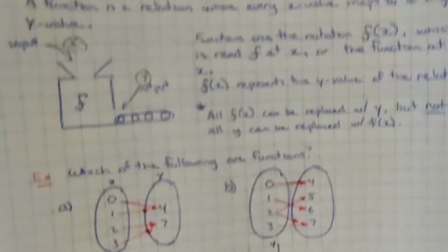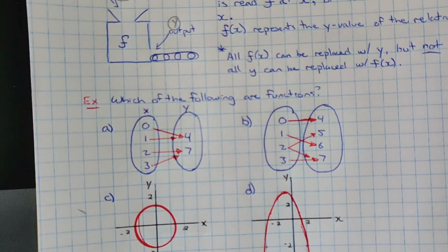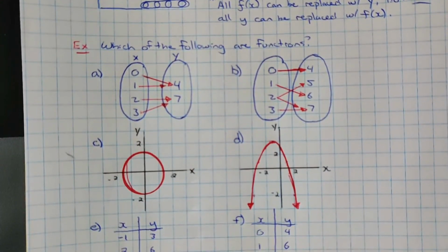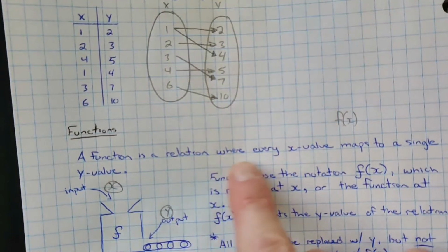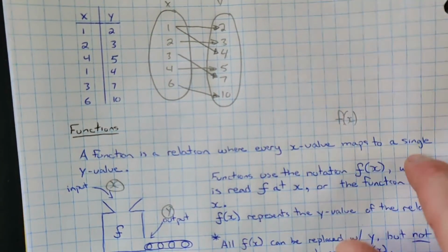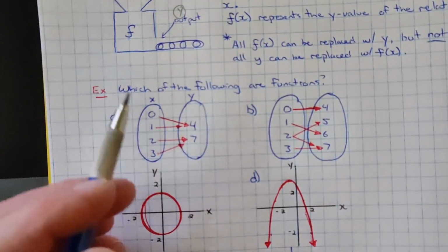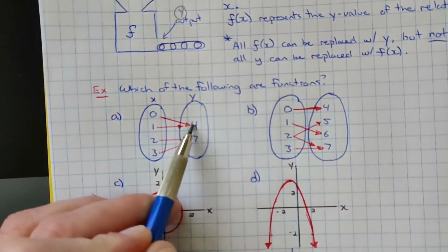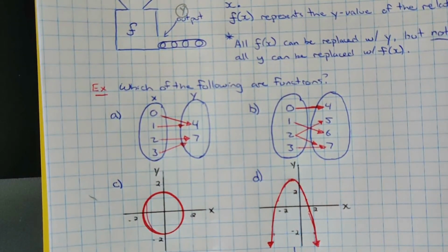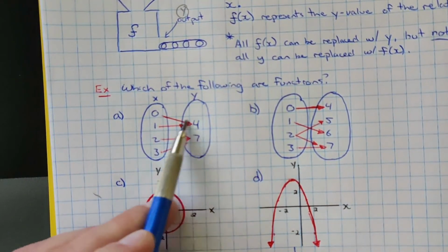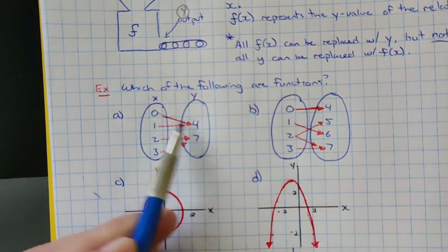So moving on here, let's take a look at a couple examples. Which of the following are functions? Remember, our definition of a function is a relation where every x value maps to a single y value. So let's take a look at our first one. 0 maps to 4, 1 maps to 4, 2 maps to 7, 3 maps to 7. 0 and 1 both map to the same y value, but 0 has one line coming off it.